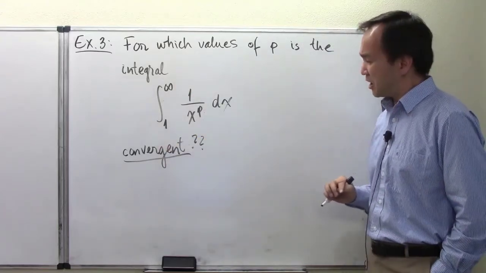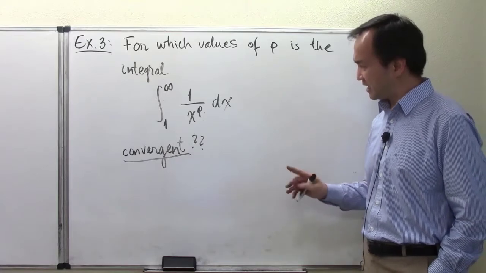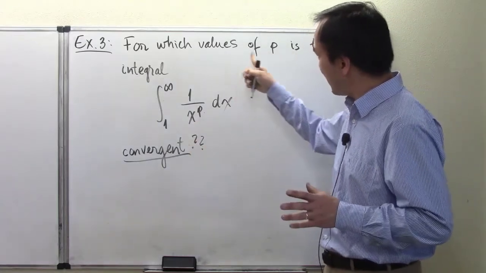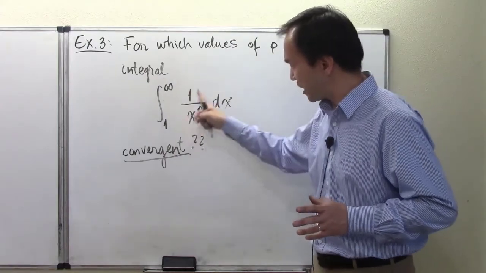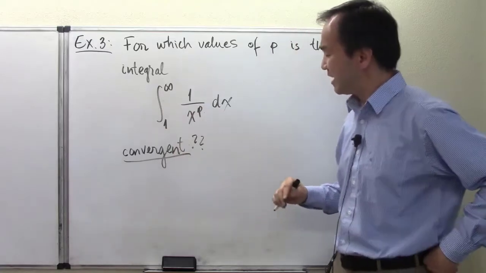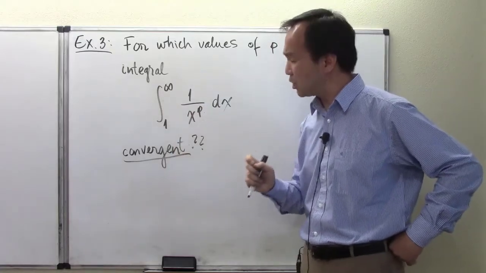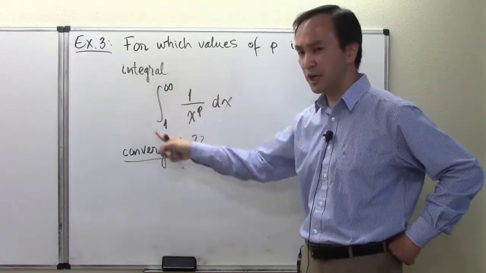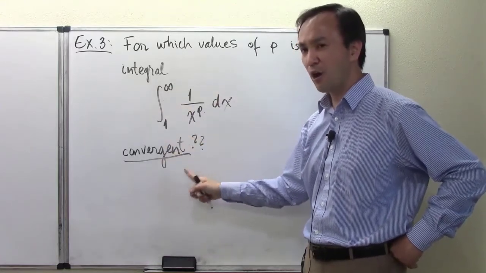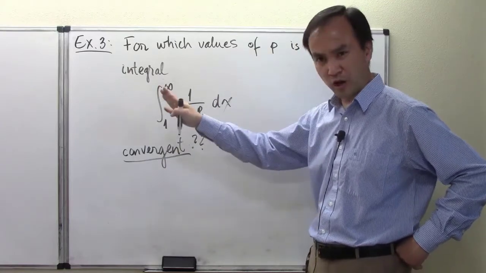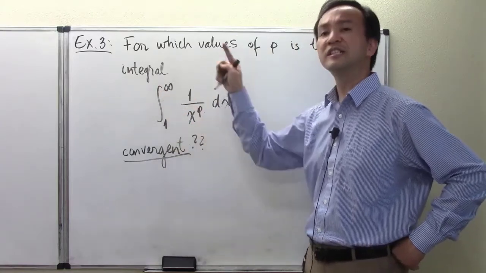So you can see that the question specifically asks for which values of p make the integral convergent, but you have to think broader in terms of the consequence: once we find all of those values making this integral convergent, that also means that outside of those values we found for p, those will be the ones making the integral divergent.